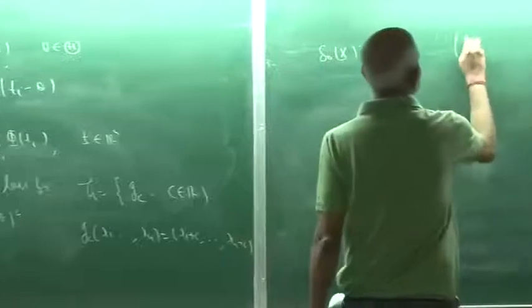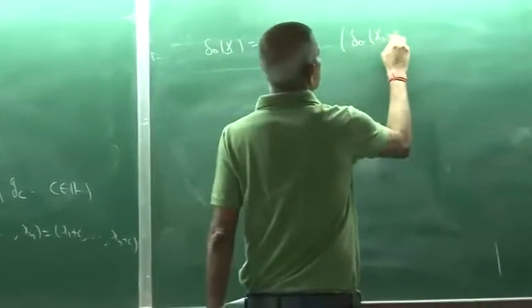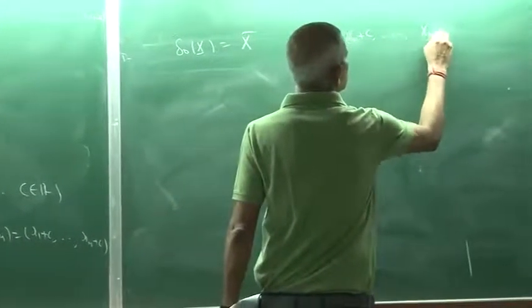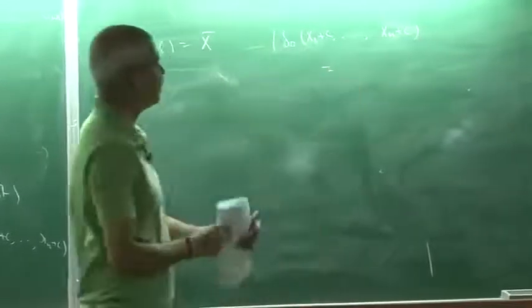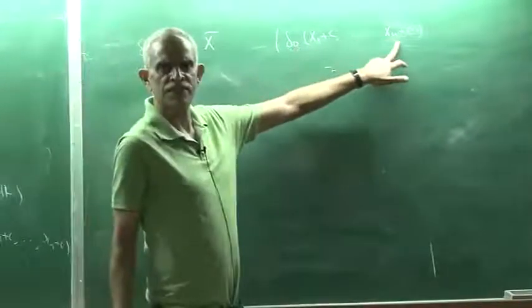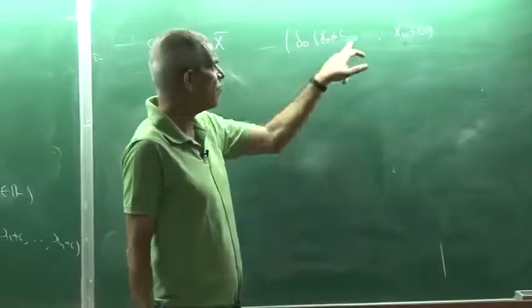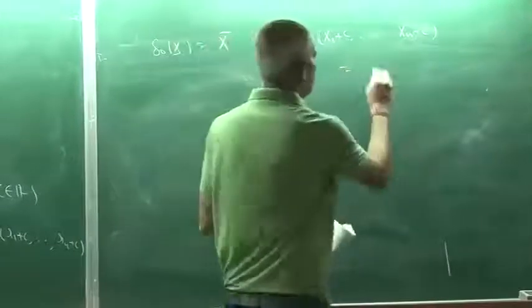So to show that it is invariant, what I have to see is delta naught of (x1 plus c, ..., xn plus c). This is nothing but the mean of this. Mean of this means the sum of all the components divided by n.